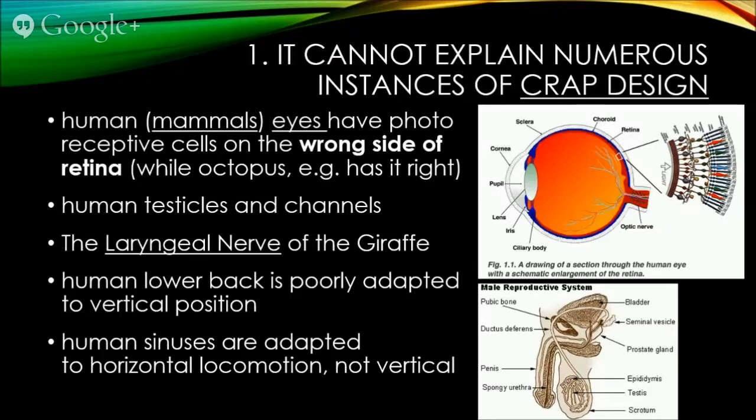It has a very similar eye to ours, and the nerve happens to be on the other side. It cannot be explained by intelligent design, especially if you think that people are the culmination of the design, that we are the end point of the design efforts.